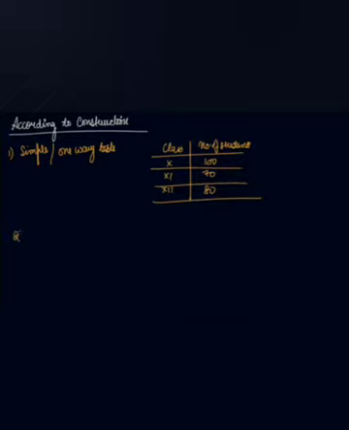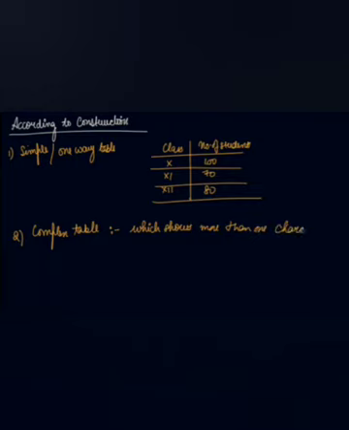Second, we go to the complex table. Complex tables are the tables which show more than one characteristic. So these are known as the complex tables. Under complex table, we have first the two-way table or double table.